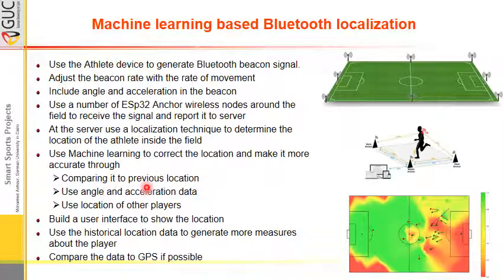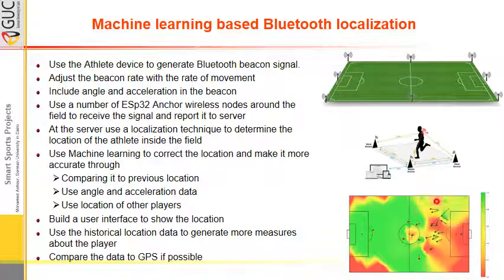The objective really is to produce something that looks like this, where it is a field and each point here represents the player location, and this arrow or line represents the direction, and the length of the line represents the speed of the player.